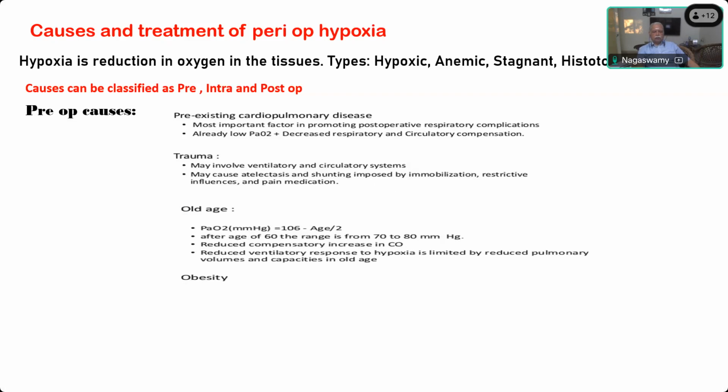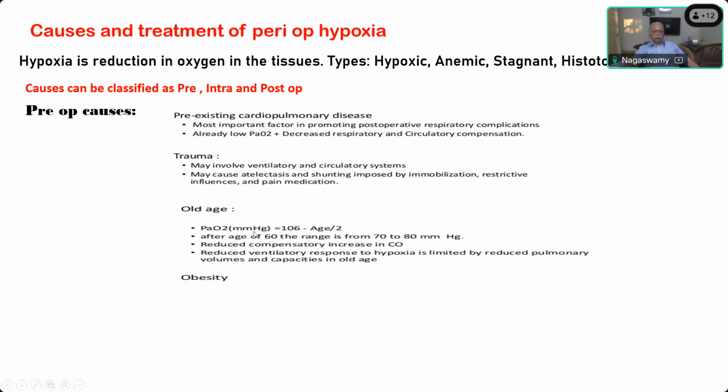As patients become older, their PaO2 decreases, and the formula used to accept PaO2 as normal is 106 minus the age of the patient, divided by 2, or half the patient's age. For example, if a patient is 80 years old, 106 minus 80, divided by 2, is 40, so up to 66 he may behave normally without any problem.